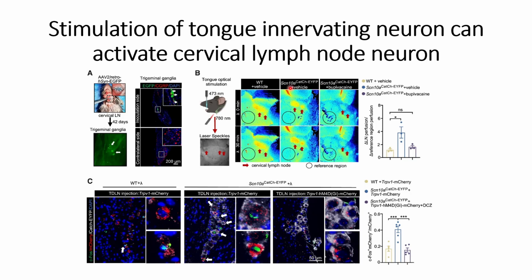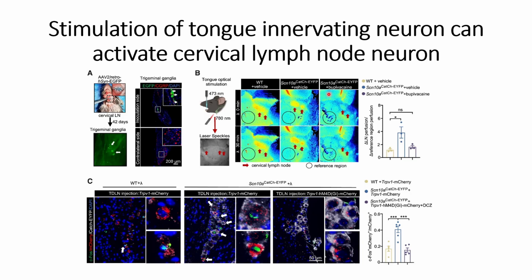So in the presence of the tongue transduced with Scn10a CatCh-EYFP, they are able to see an increase in the intensity of the blood flow in the cervical lymph node.